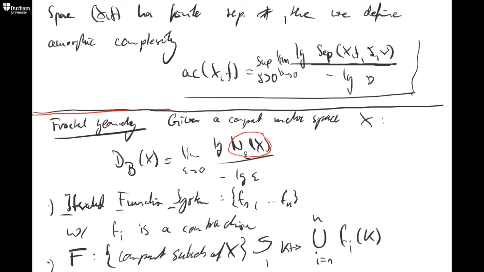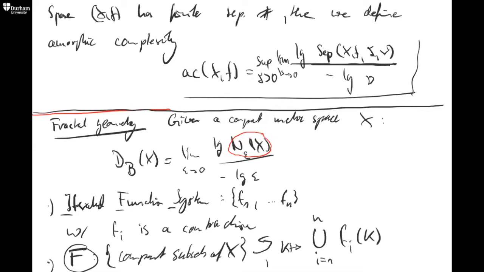So since the maps Fi are contractions, it's not hard to see that this map capital F also is a contraction in which space? Well, in the space of compact subsets of X equipped with a Hausdorff metric.